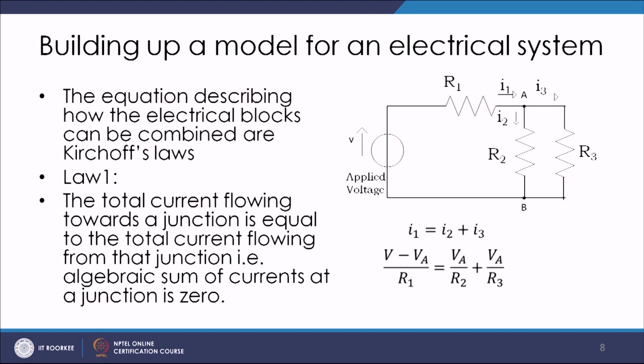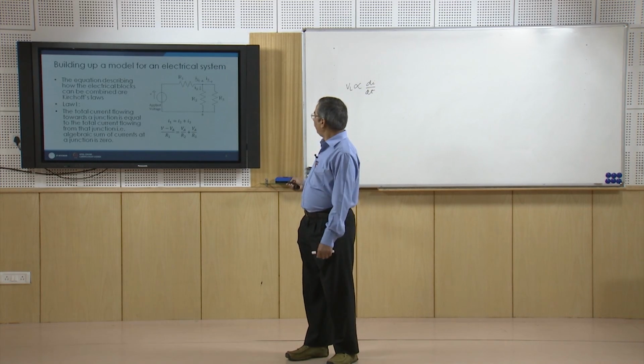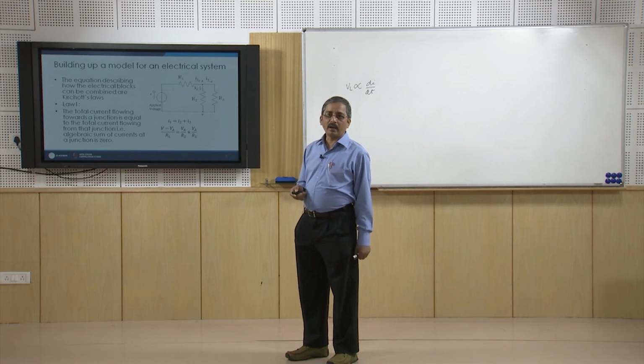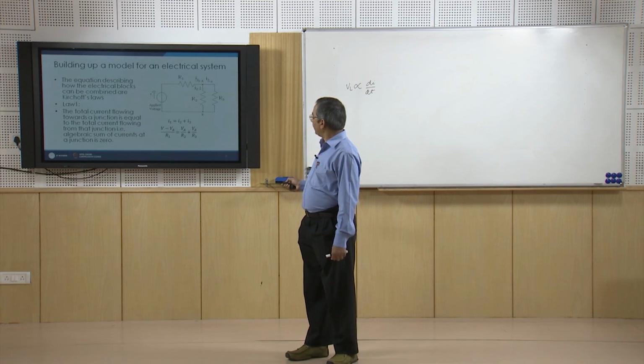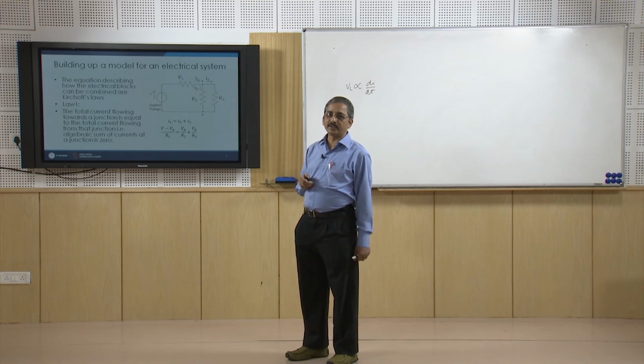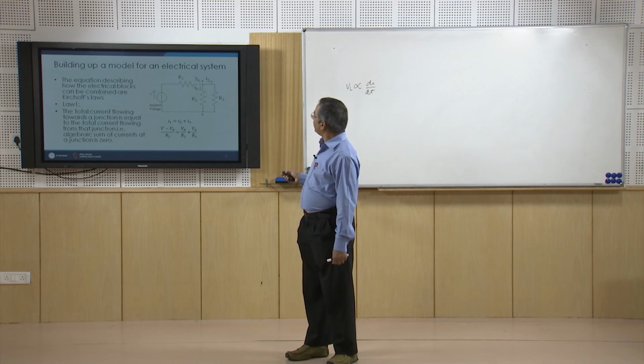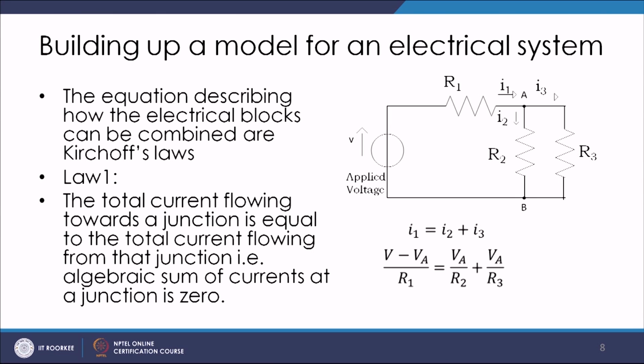Now, here say if I take B as my reference voltage, which is say ground, then I can write this expression in terms of voltage. The voltage across R1 is V minus VA. So, I1 I can write as V minus VA upon R1. I get this expression from the resistance building block.